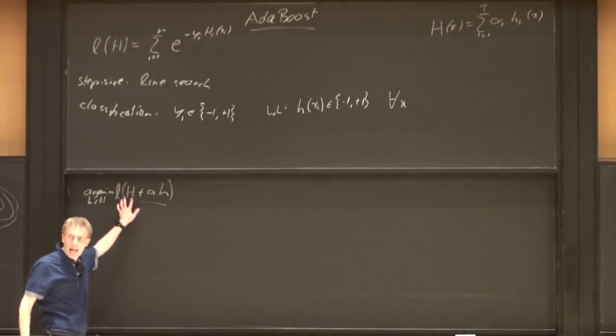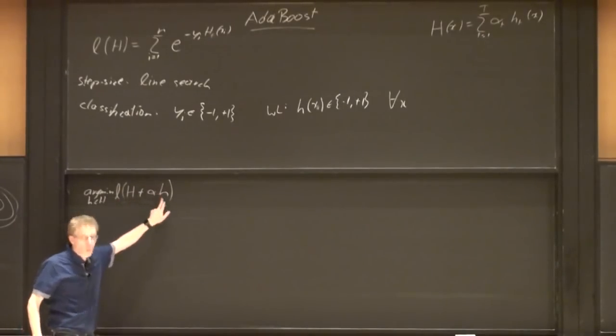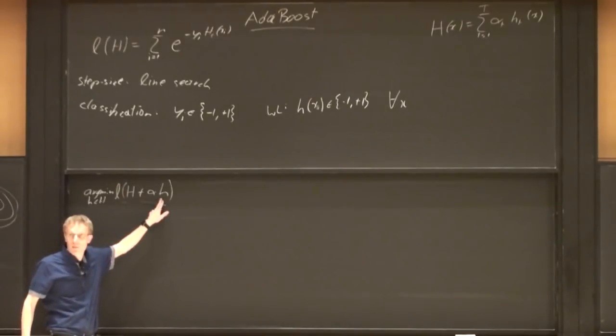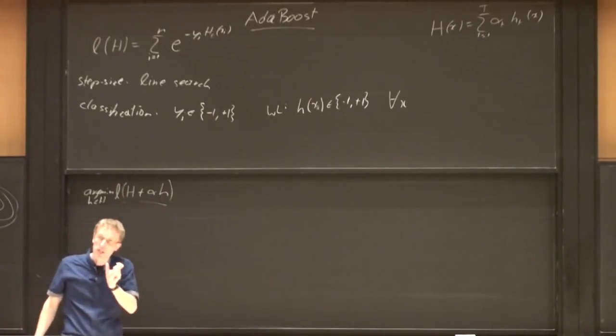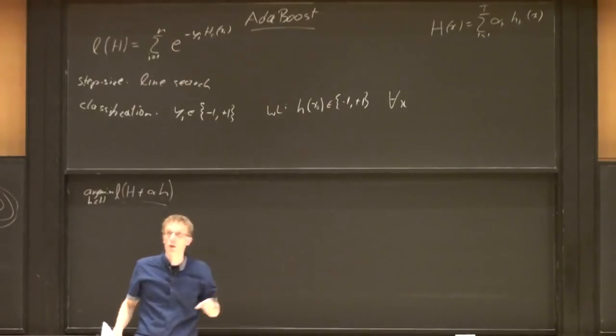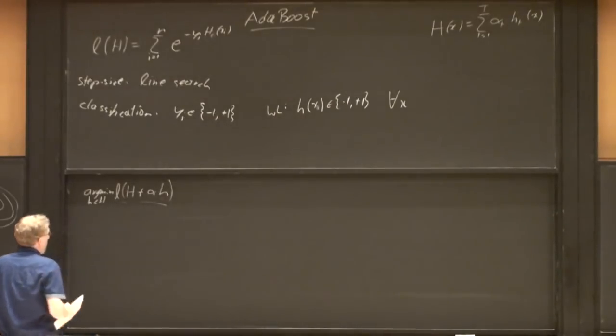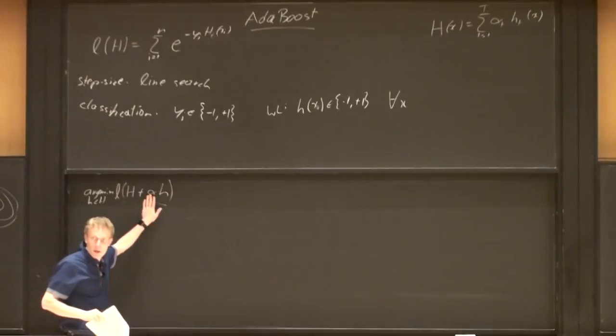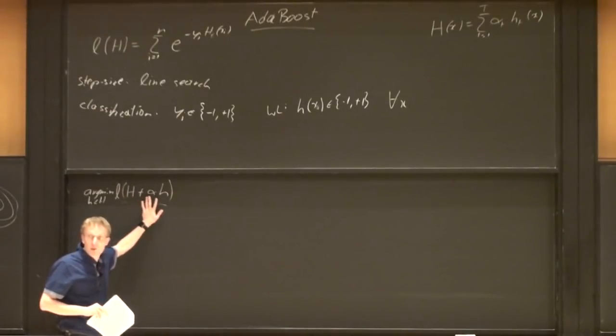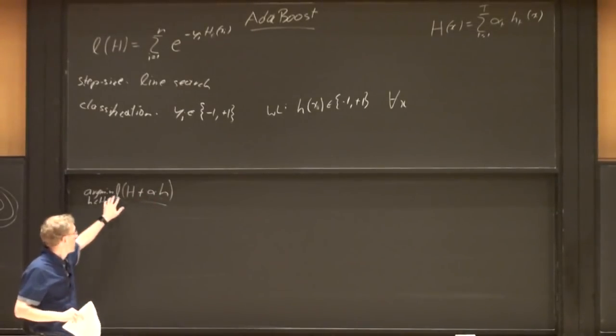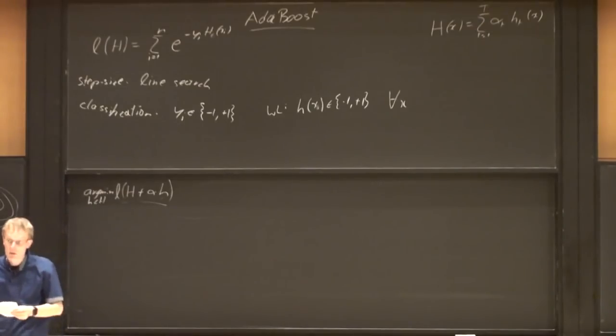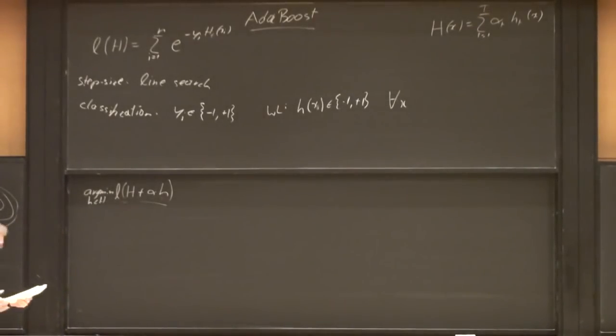So given that we already have a bunch of weak learners, which one should we add now, right? So that's basically the part of the boosting where you call the weak learner and say, give me one more function. I'm not going through the derivation again. Basically what we have to do is we have to take the gradient of this function with respect to h, right? And so let's just do this.